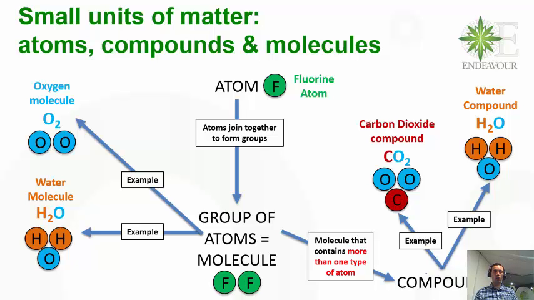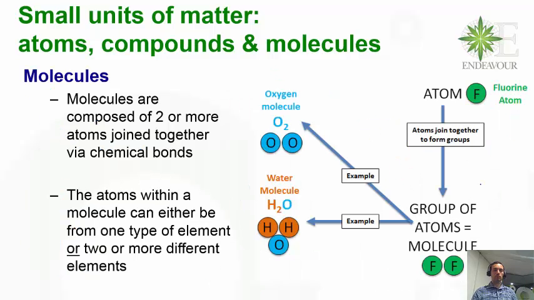In comparison, a compound is a group of atoms that has 2 different elements' atoms present. So you can see that both carbon dioxide and water molecules are both considered compounds as well because they have different types of atoms present in those groups.